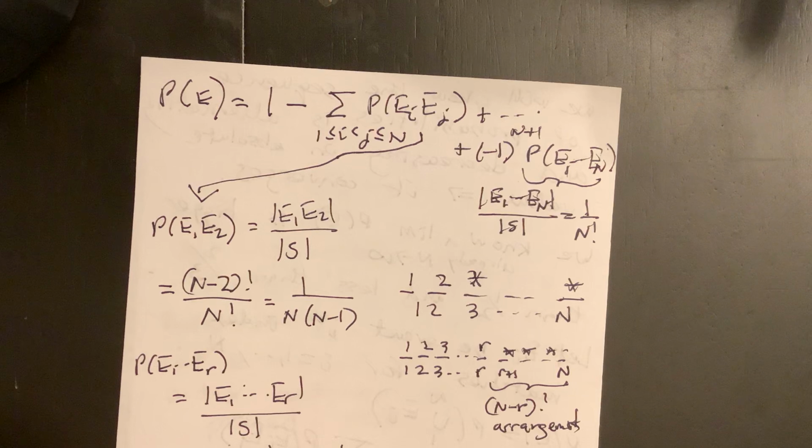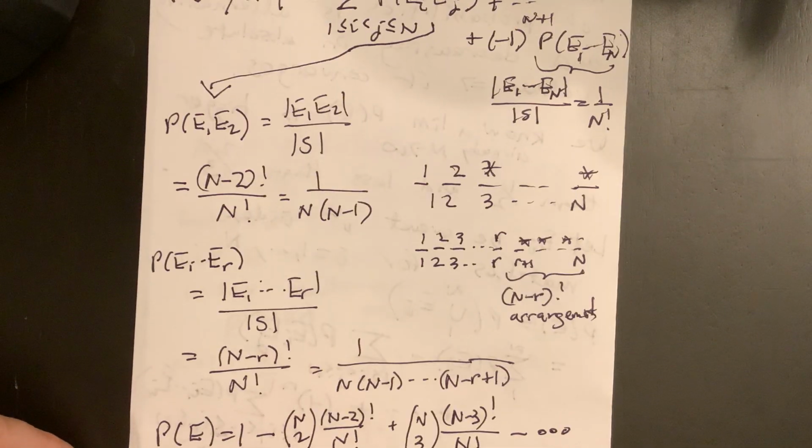So this is n choose 2. Okay, plus n choose 3 times n minus 3 factorial over n factorial, minus dot, dot, dot, and we go like this, and then eventually, let's just jump to the last one. I have plus or minus, minus 1 to the n plus 1, 1 over n factorial.